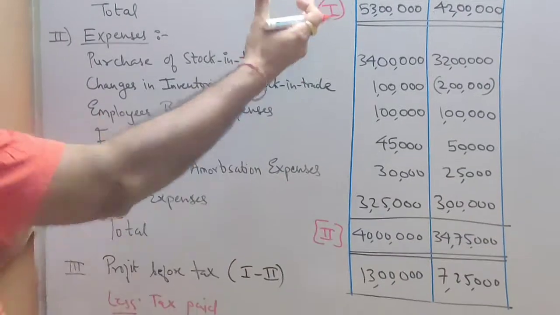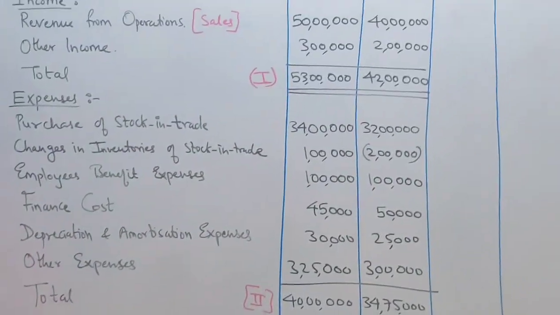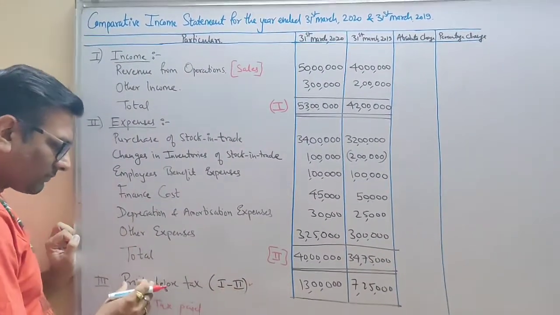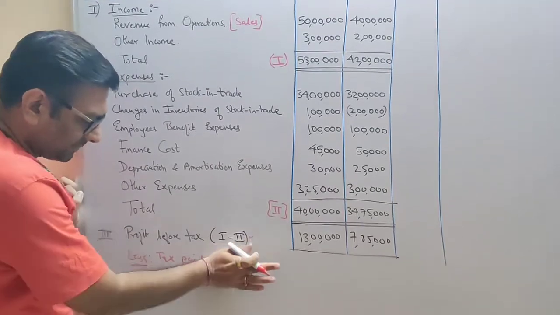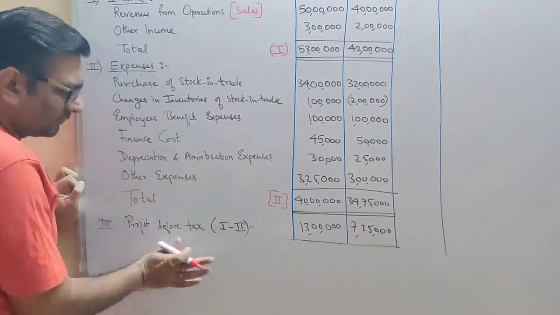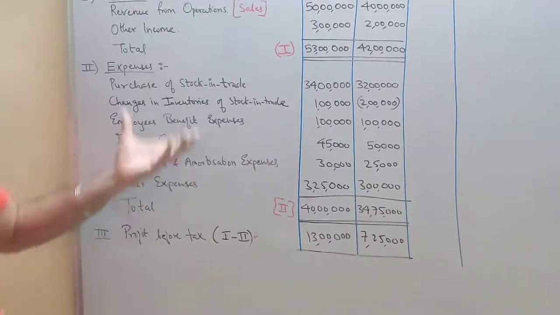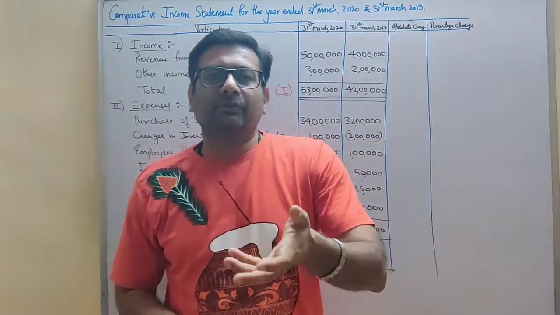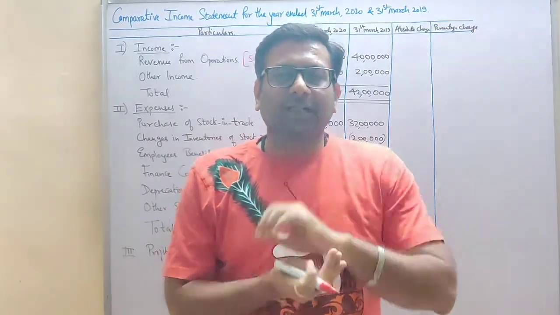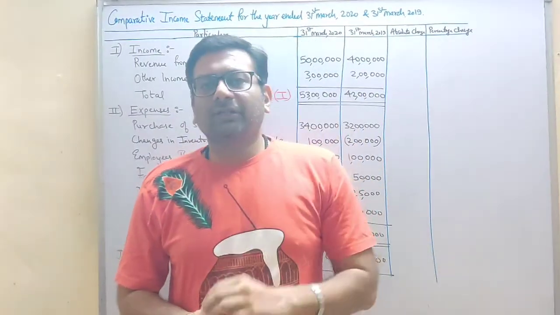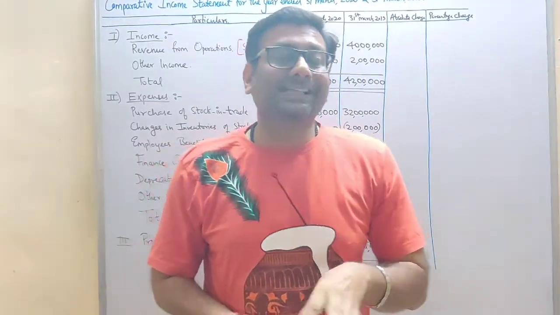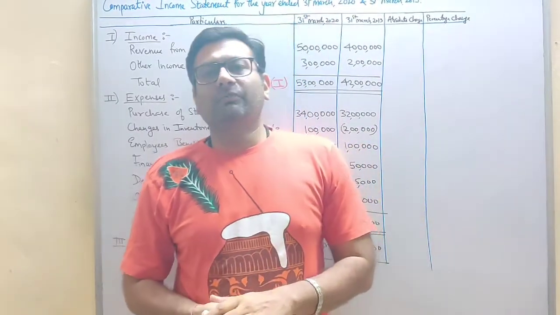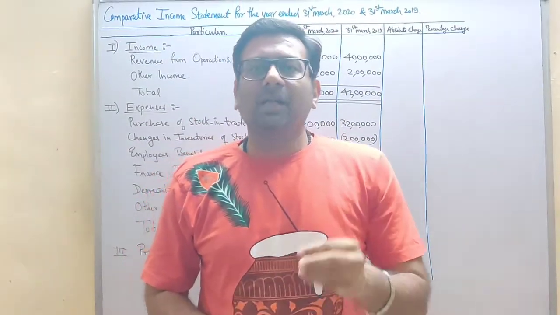But in the question which I have selected, they have given only till profit before tax. Tax paid is not given, so I have not written it. I have explained how a company makes an income statement. Have you seen, the company writes first income, takes the total of income, from that you minus the total expenses and you get profit before tax. It's a very small statement which is made.